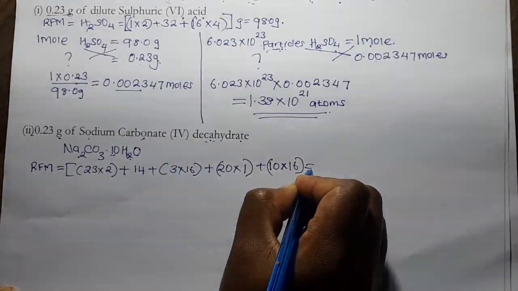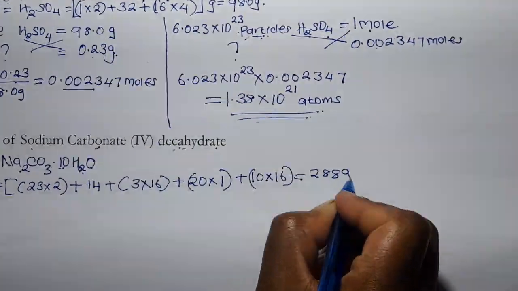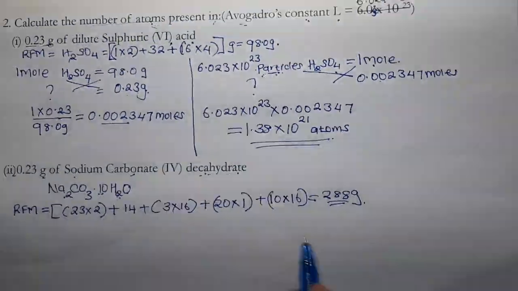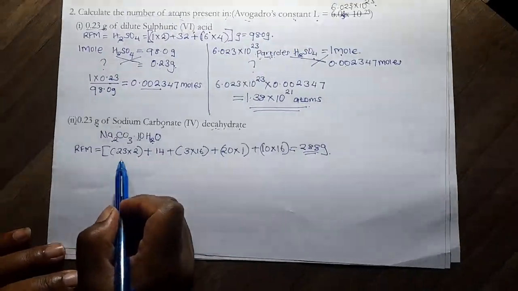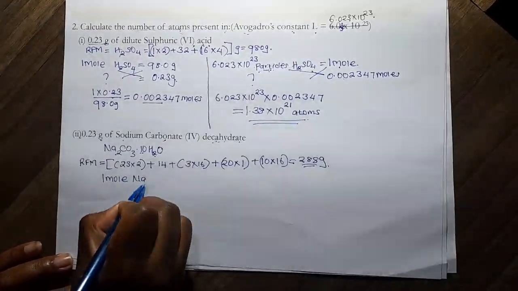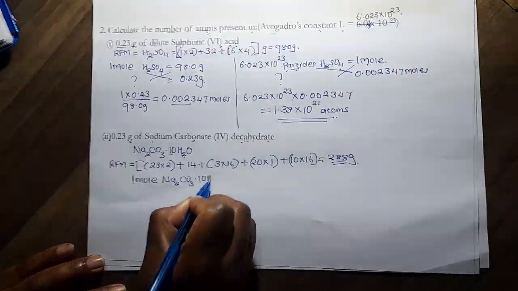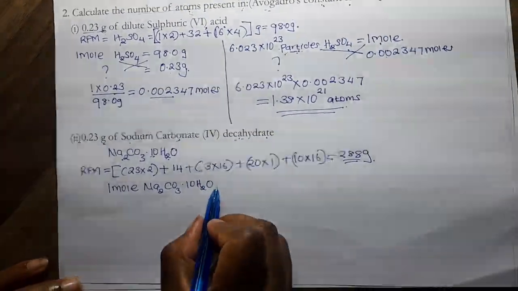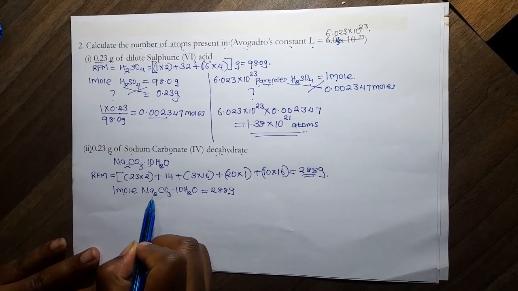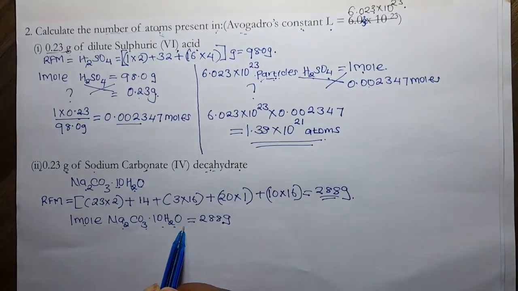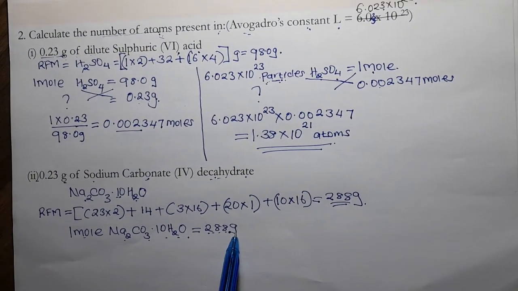So all this is giving us 288 grams. So this is the relative formula mass of sodium carbonate decahydrate. So 1 mole of sodium carbonate decahydrate has a molar mass of 288 grams.